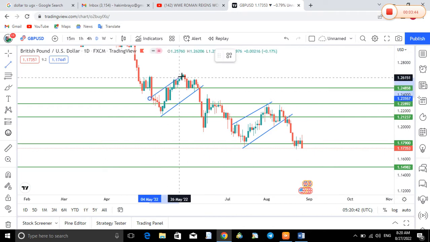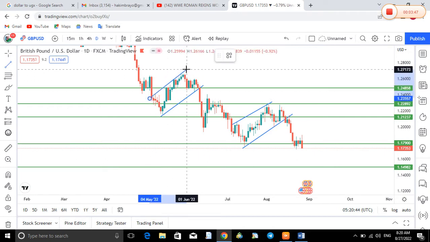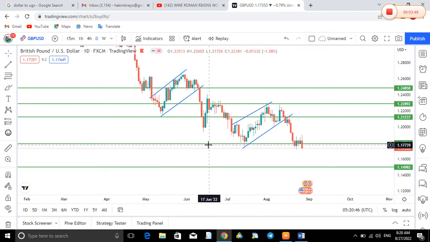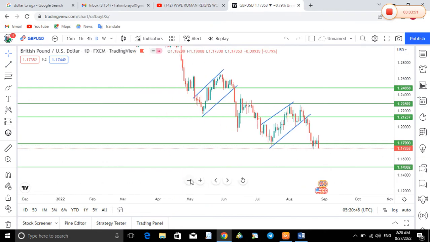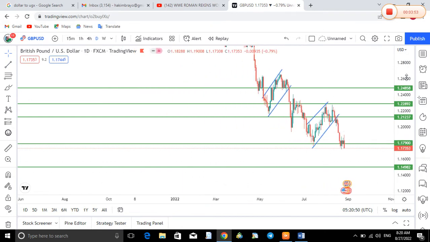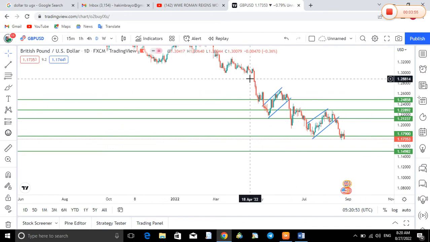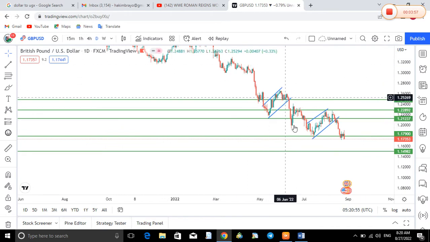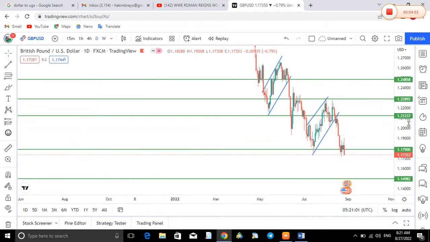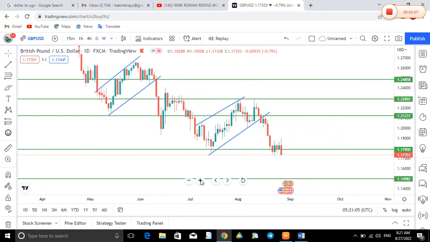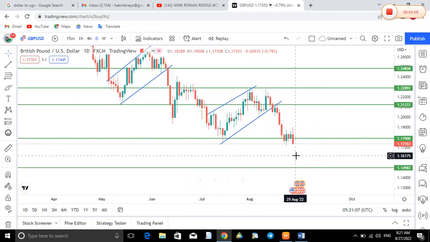But at the moment you can clearly see that we are experiencing a lot of bearish flags, which means we are still in a downtrend. We had an impulse, correction, impulse move. Now you can see the market has broken our support level, which means when the market breaks our support level, it becomes a resistance level.